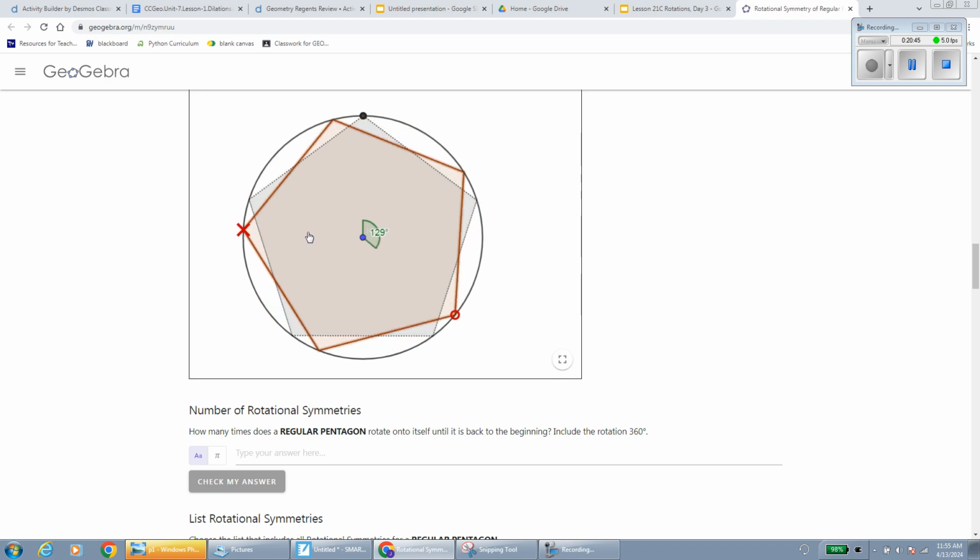So that's the first time it looks like itself. And then it happens again at 144 degrees, and again at 216, and again at 288, and again after it makes a full circle at 360. So every multiple of 72 degrees, this pentagon will look like itself.